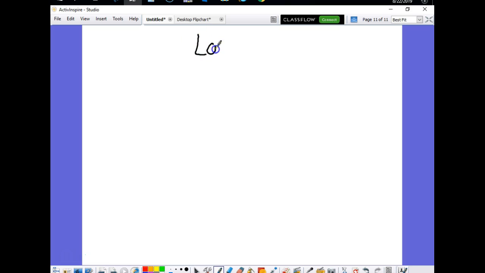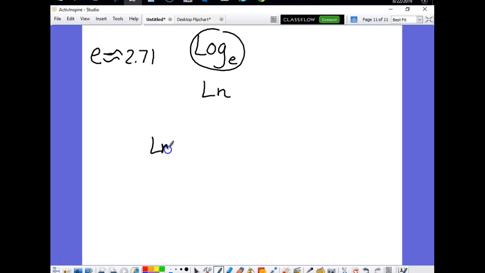So let's talk about this. What about log base e? Now, in case you guys forgot, e is not a variable. It's a number like pi. It's approximately 2.71. It's called Euler's number. Now, if you have log with a base of e, then we rewrite that as ln. So let's say you were trying to find what is ln of e.